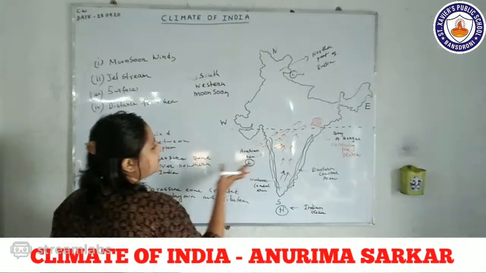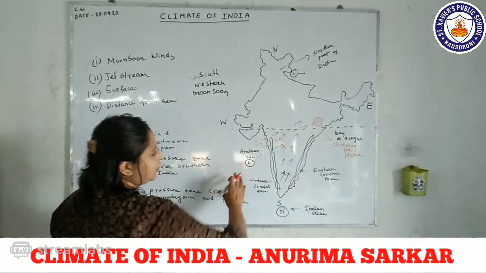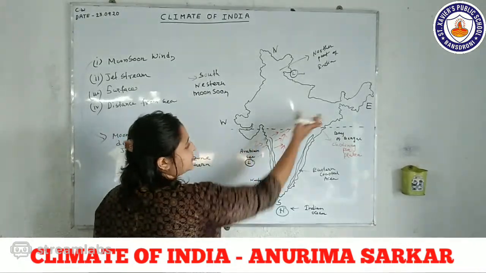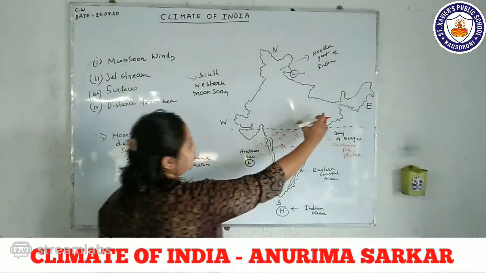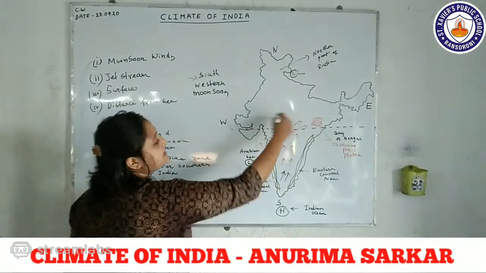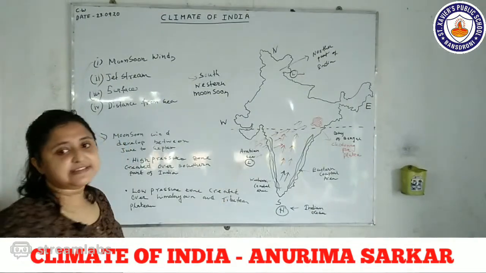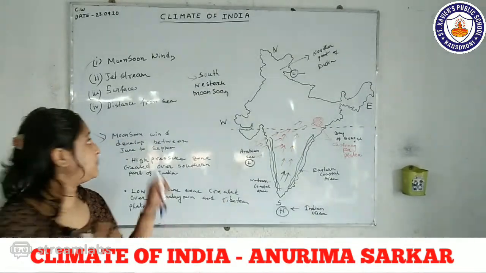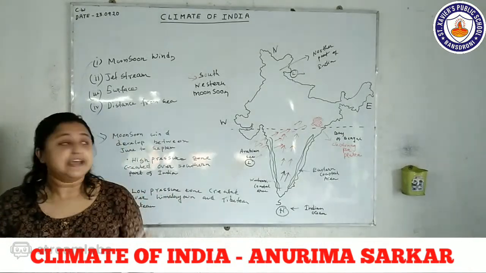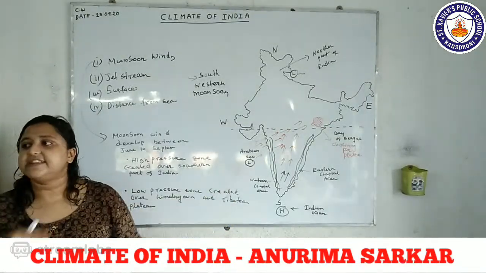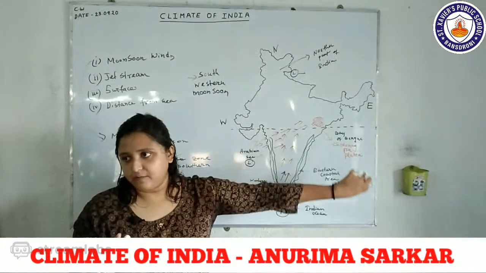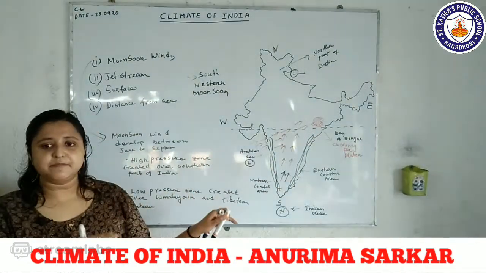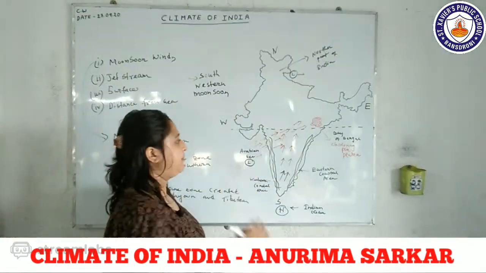So the southwestern monsoon mainly blows from the Arabian Sea up to the Chotanagpur Plateau. So this wind system is known as the Arabian Sea branch. So the monsoon wind has two branches. Number one is the Arabian Sea branch, and the other one is the Bay of Bengal branch. First we focus on the Arabian Sea branch, then we will talk about the Bay of Bengal branch.